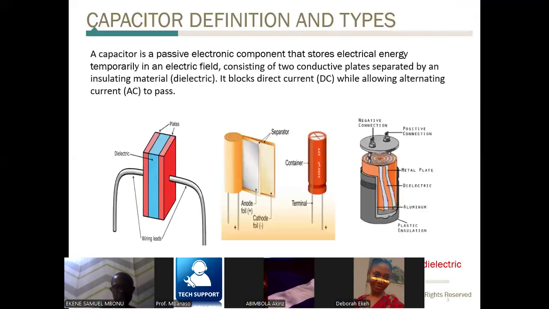So we move to capacitor definition and types. A capacitor is a passive electronic component that stores electrical energy temporarily in an electric field, consisting of two conductive plates separated by an insulating material. That insulating material is called dielectric. Capacitor basically blocks direct current.